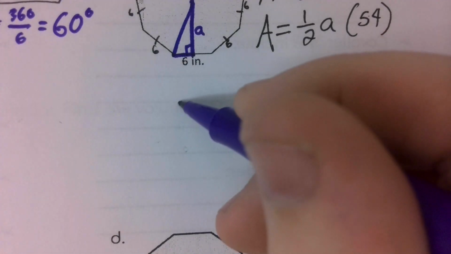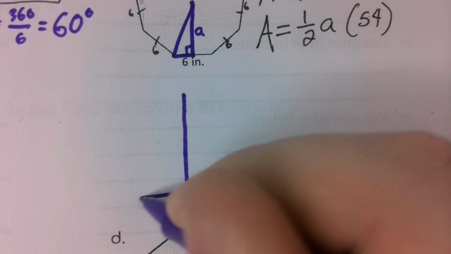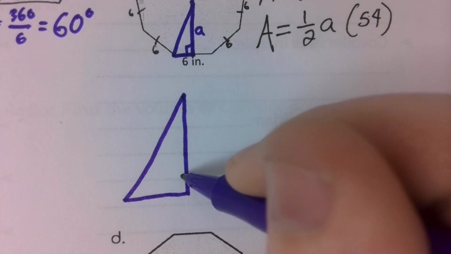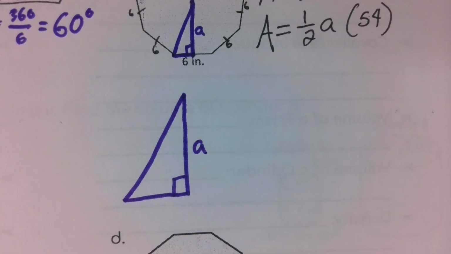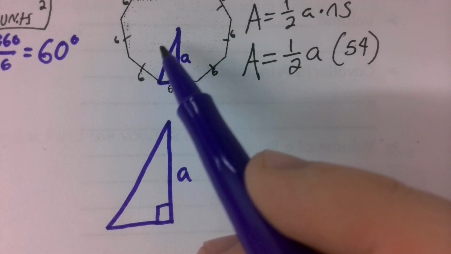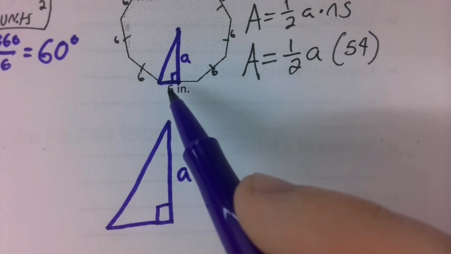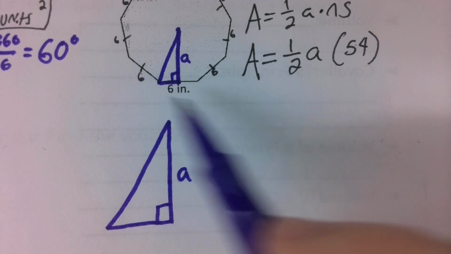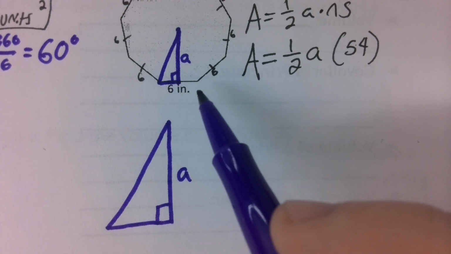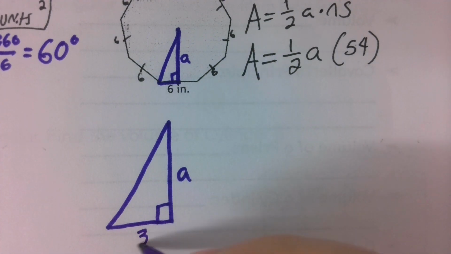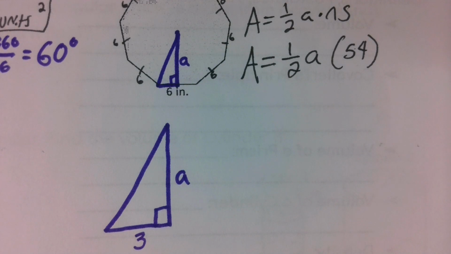So what we basically got is a very skinny looking right triangle with height A. We do not know the radius here, but we do know the bottom of this triangle. If the entire base of the nonagon is 6 inches, the base of half of it is 3 inches.